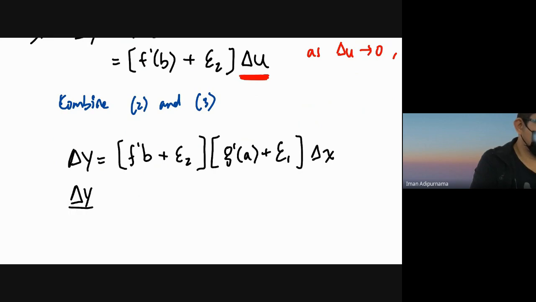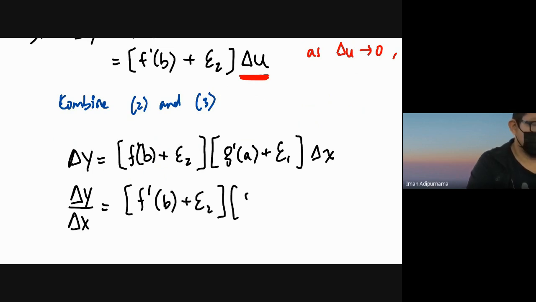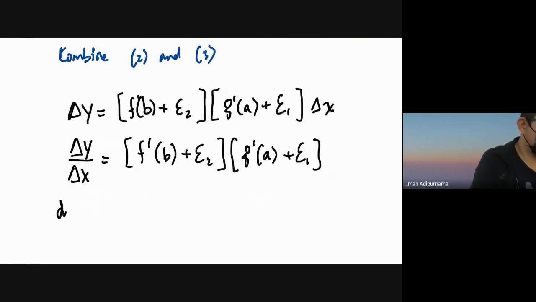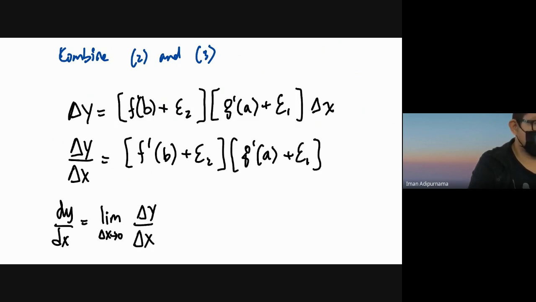So our delta y over delta x is f prime b plus epsilon 2 multiplied with g prime a plus epsilon 1. Now, if we define dy dx as the limit as delta x approaches 0 of delta y over delta x, then this will be our definition.